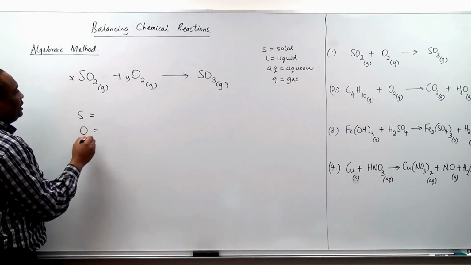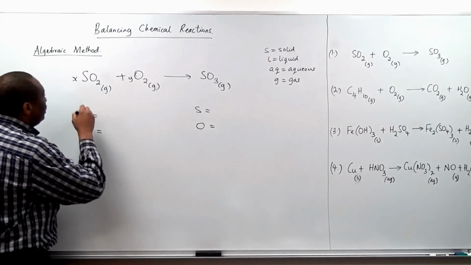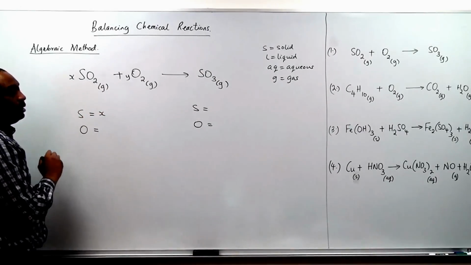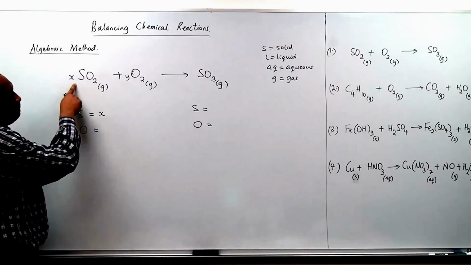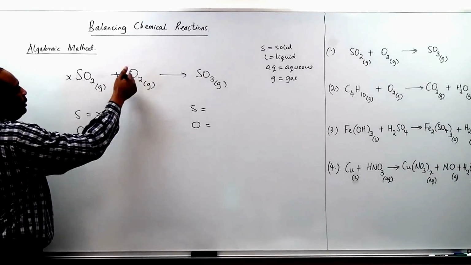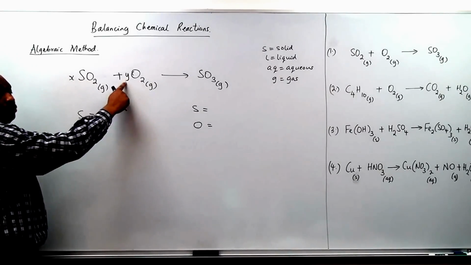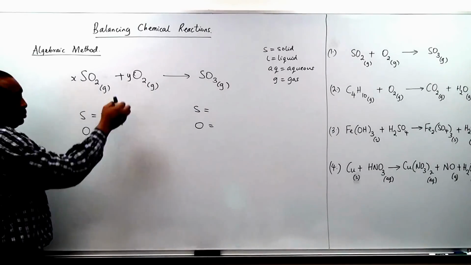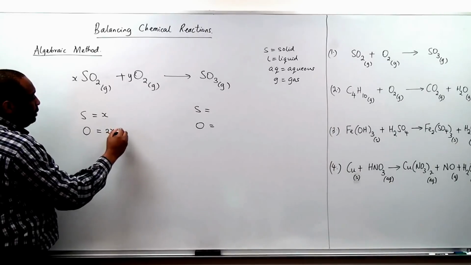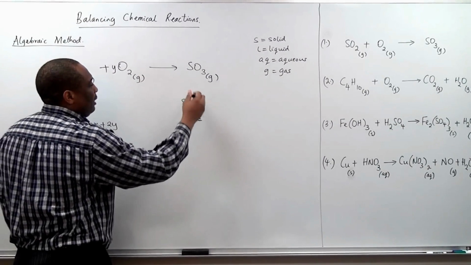Sulfur, oxygen. The same thing here, sulfur, oxygen. Sulfur here is X, and oxygen is 2X plus 2Y. 2 times X is 2X plus 2 times Y, 2Y. Here, sulfur is 1 and oxygen is 3.